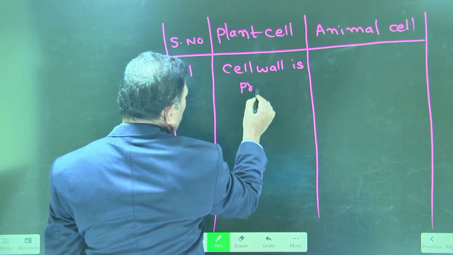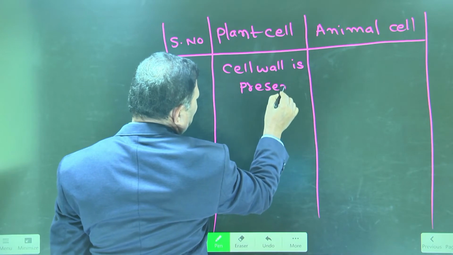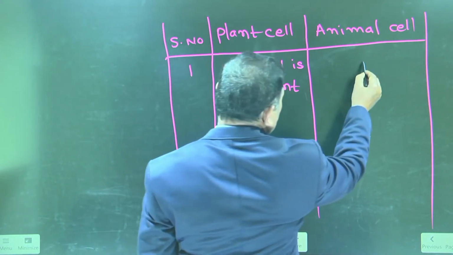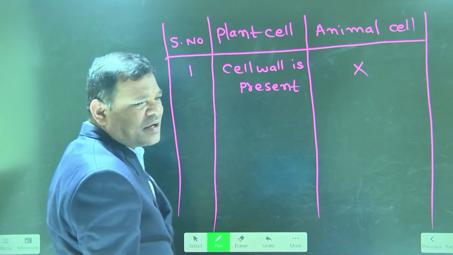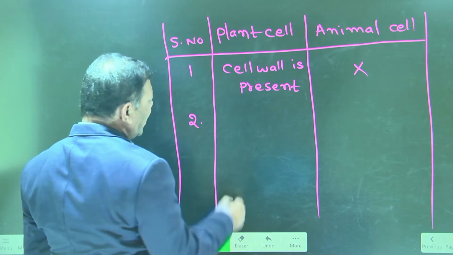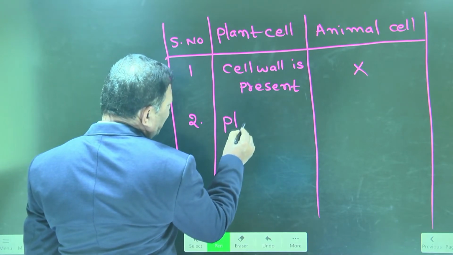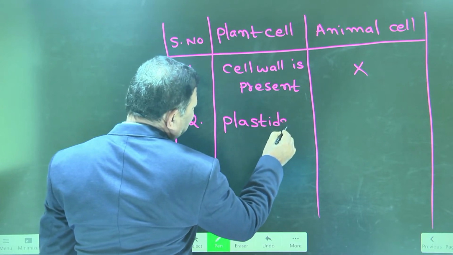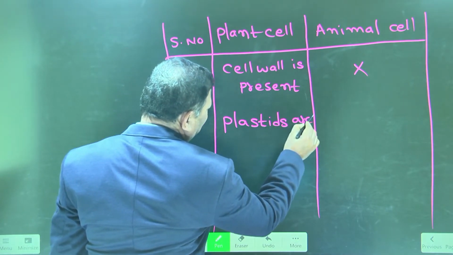In the animal cell, is the cell wall present? No, cell wall is absent. In the plant cell, plastids are present.